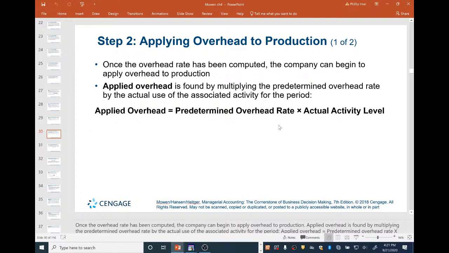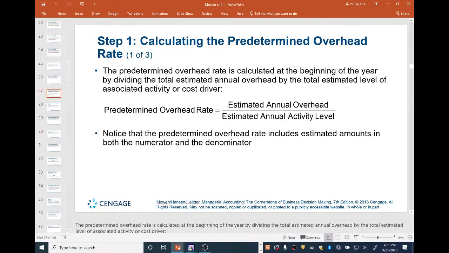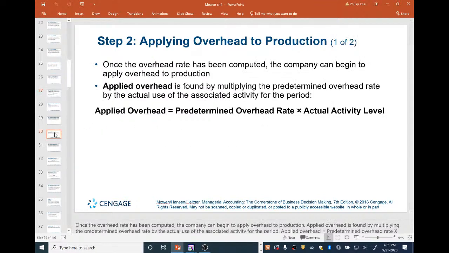Applied overhead equals the predetermined overhead rate times the actual activity level. So remember, we need this predetermined overhead rate. We find this in step 1 to be able to get down here and plug it in right here, right?